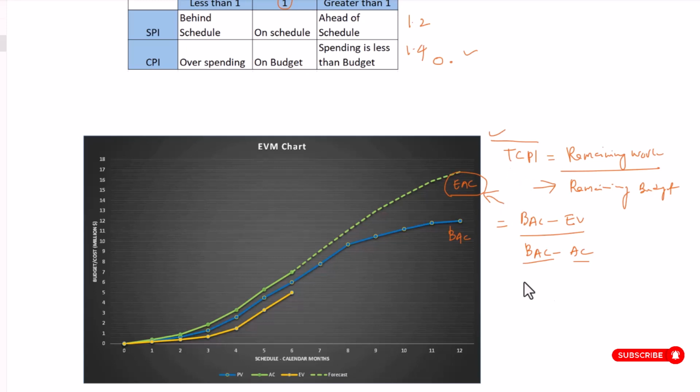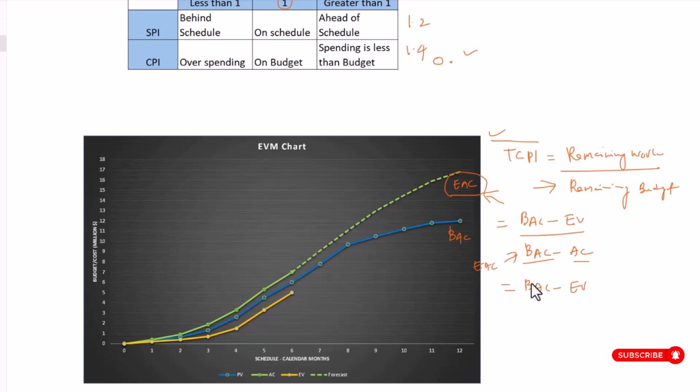In that case, the remaining work we need to accomplish will remain the same. That will be BAC minus EV. However, when it comes to the denominator, instead of using the BAC value, we're going to use the EAC value.